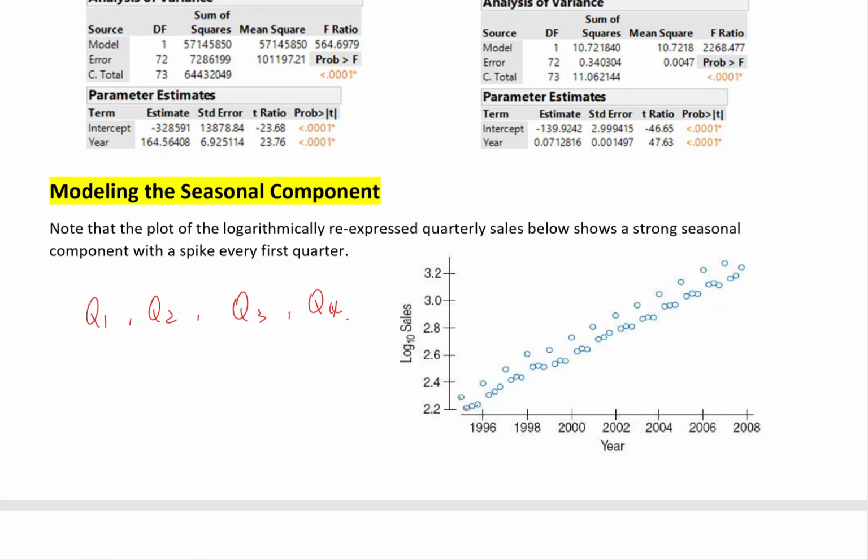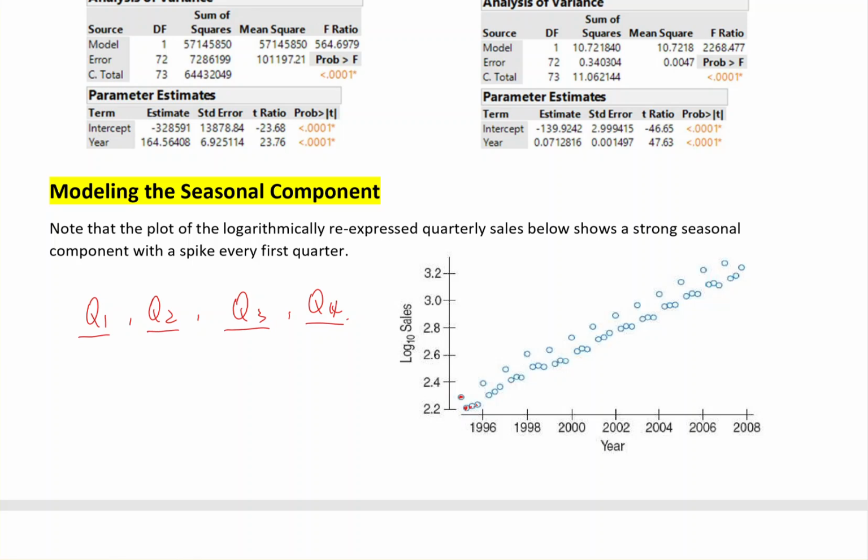So if we want to model this smaller pattern, how can we add this component into our model? We have 4 levels, right?